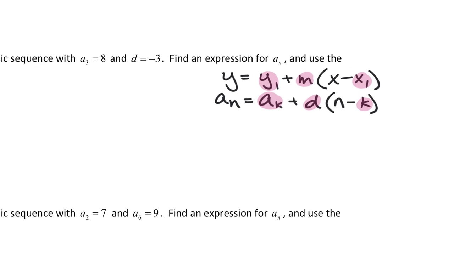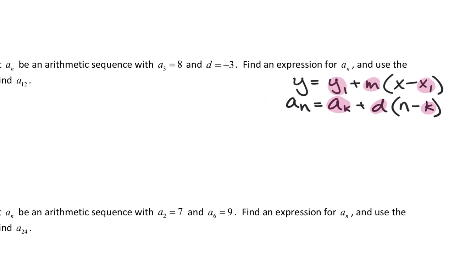So let's figure out what all of those things are. Well, obviously, what is the common difference here? -3. So that part's easy. I know that this is going to go where the D goes. Now, what about the K and the A sub K? 3, yes, not 12. It's going to come from this.